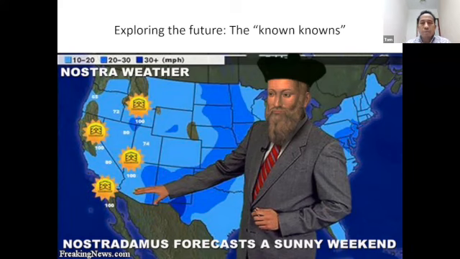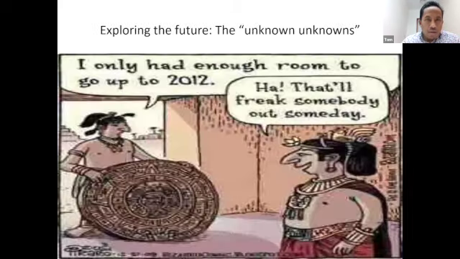The knowns and unknowns refer to the things we are aware of and understand, and a practical real life example is the weather forecast: we have an idea of what tomorrow will bring in terms of the weather. However, by exploring the future, we also run into the unknowns. By doing so, we enter the realm of the things we are neither aware of nor understand.